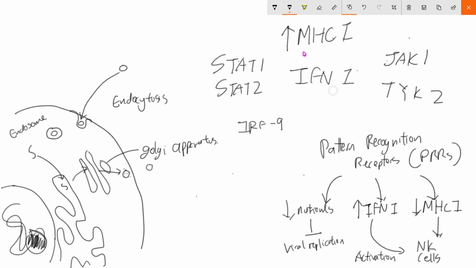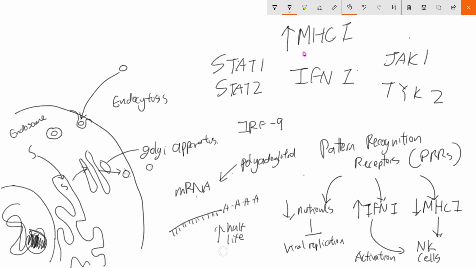It mainly inhibits your translation. So when there is mRNA of your type 1 interferon, typically in eukaryotic cells, this is polyadenylated, meaning that at the end of your mRNA, it adds these poly A tails of adenine. This increases the half-life of mRNA.